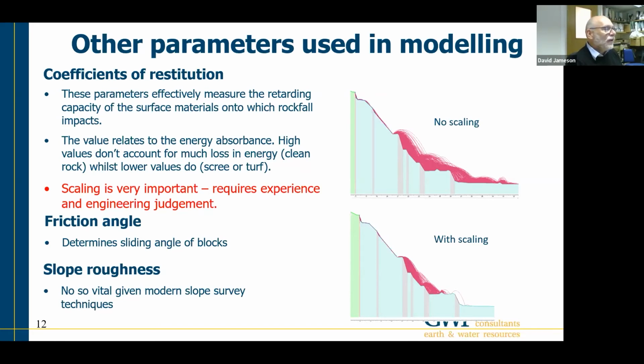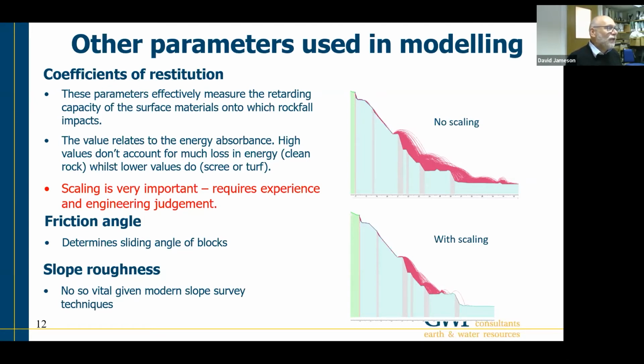And so you've got to adjust your scaling appropriately. So you can see on the bottom of that slope, applying the right factors gives you a much more realistic bouncing trajectory.